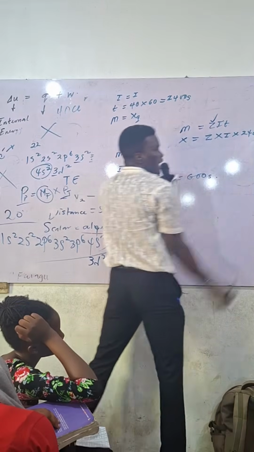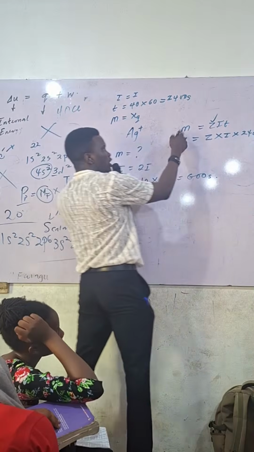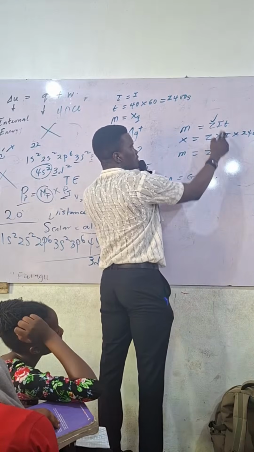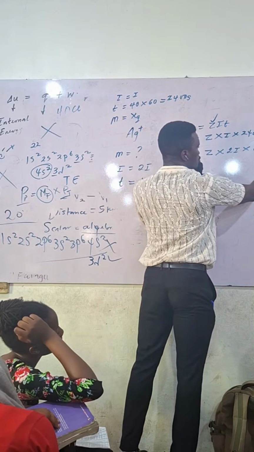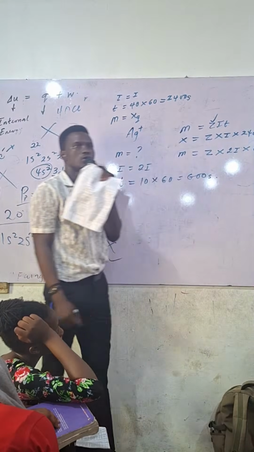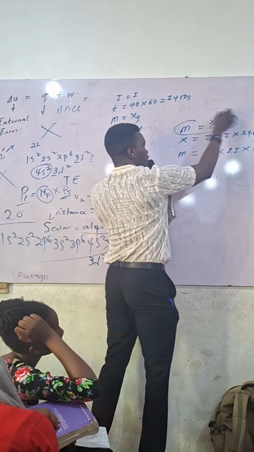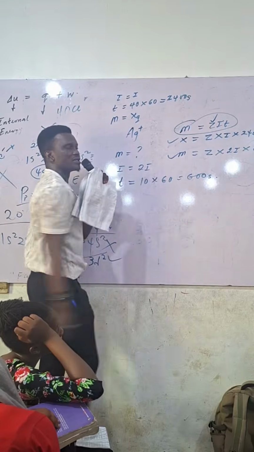Equation 1. For the second one, we are looking for M, so we can still say M equals Z times 2I times 10 times 60, equation 2. We are using this formula for the first part and for the second part.